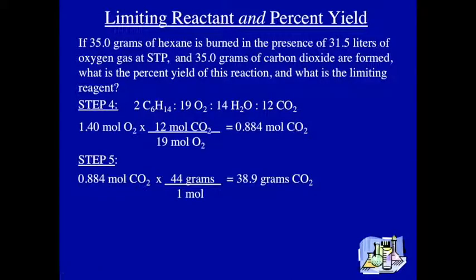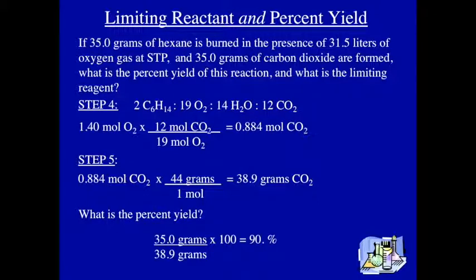I take that mole value, which is my product of carbon dioxide, I change it back into grams of carbon dioxide, and we see that 35.0 grams of carbon dioxide, which may have seemed kind of ridiculous at the beginning, actually isn't that far off what our product is. And therefore, the percent yield, we would divide our actual yield by the theoretical yield times 100.